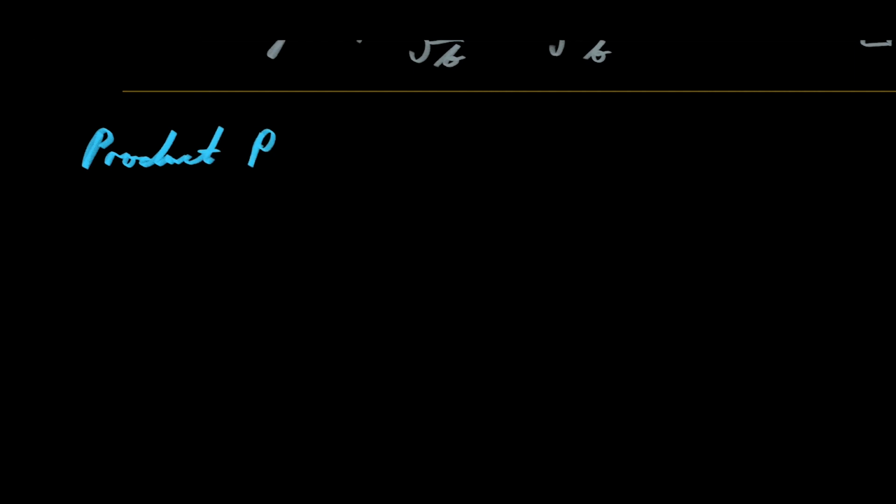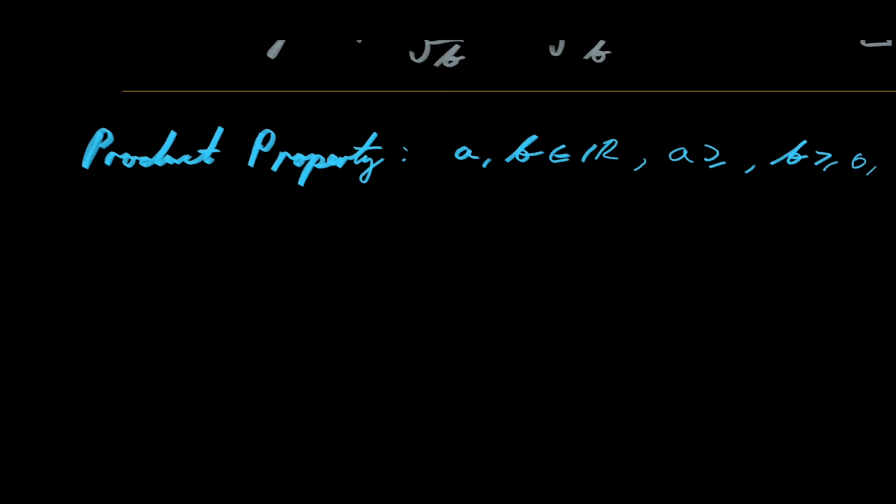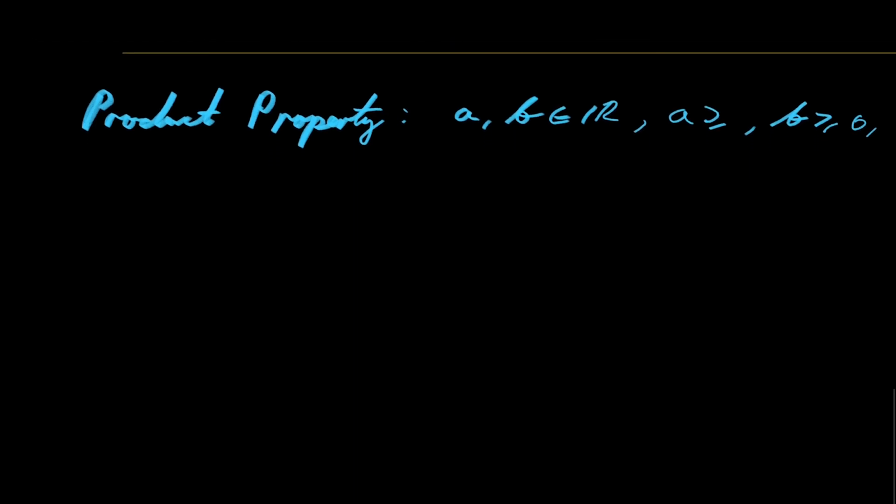I'll just call it the product property to save writing. Okay, remember, for a and b in the reals, where a and b are non-negative, we know that this is true, that the square root of the product of a and b equals the square root of a times the square root of b.